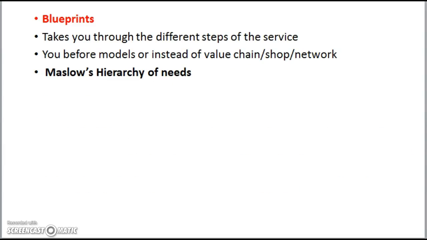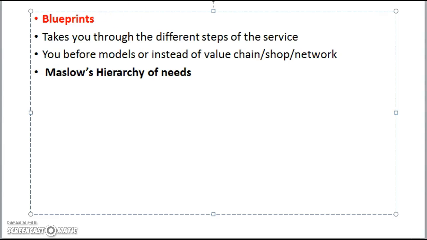Blueprints. This is when we're moving into services. So as you could make a value chain of a product, support it with value shop, and support it with value network. I said that this blueprint could very much equal value chain for production companies.